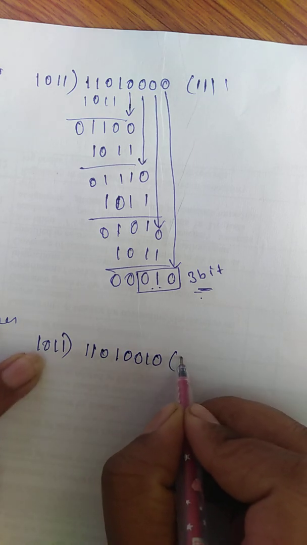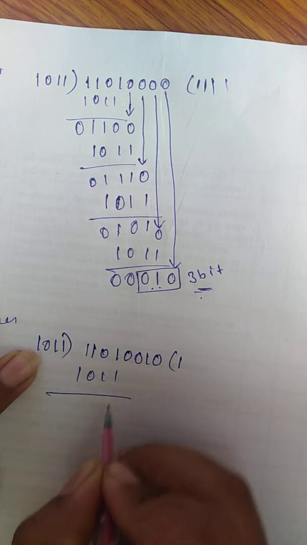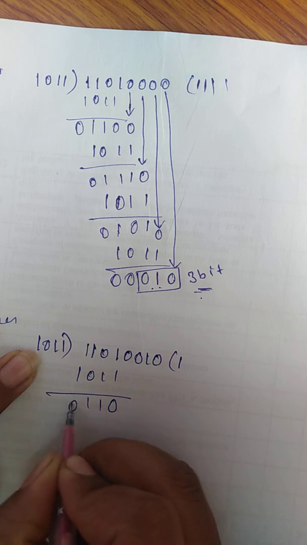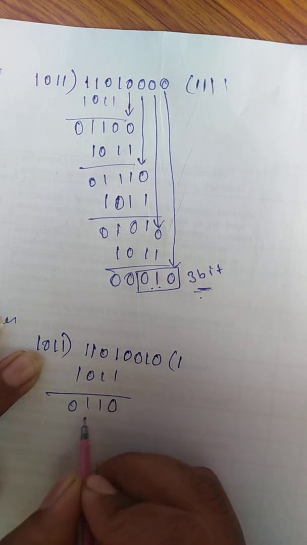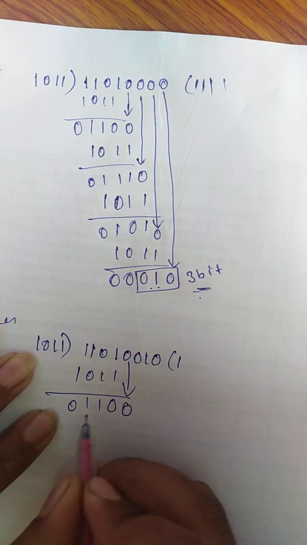Check here 1 0 1 1 0 1 1 0, then we move the 0 down.